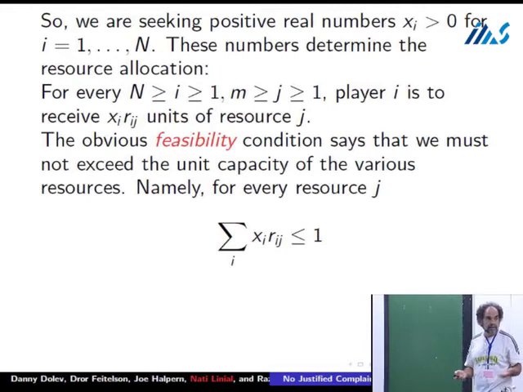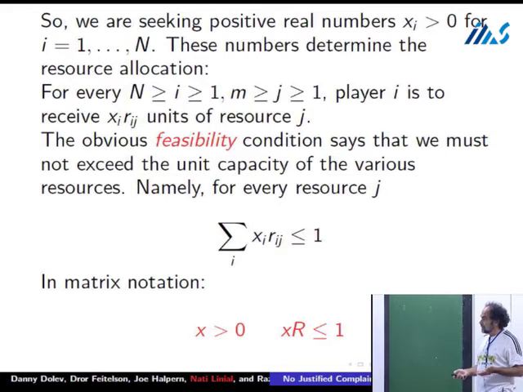We have 1 unit of supply from each resource, and of course we cannot give more than we have. So in other words, if you take any resource, then what you have given away from this resource cannot exceed 1. That's quite obvious. This is what we've given from resource j to player i. We're summing over all i's, and that cannot exceed 1.